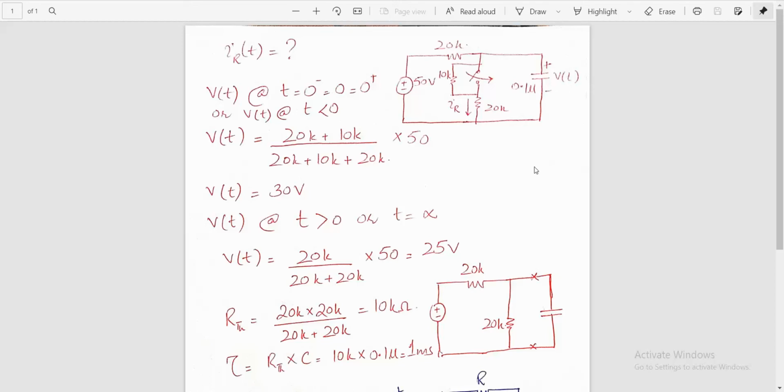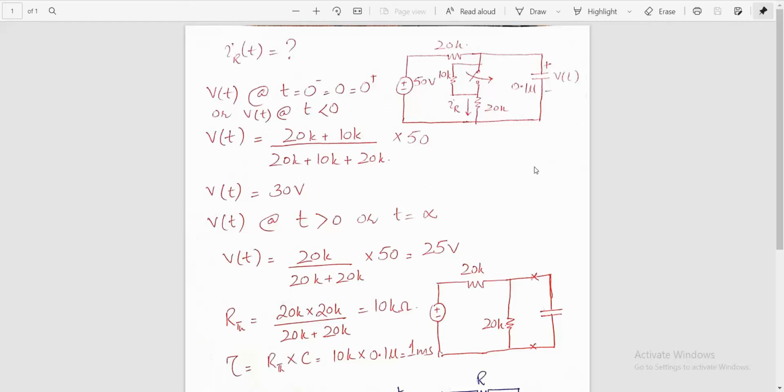A capacitor of 0.1 microfarads is connected at the right side. A switch is connected across the 10 kilo ohms resistance. Before the operation of the switch, that is at time t less than 0, the 10 kilo ohms resistance is in the circuit.